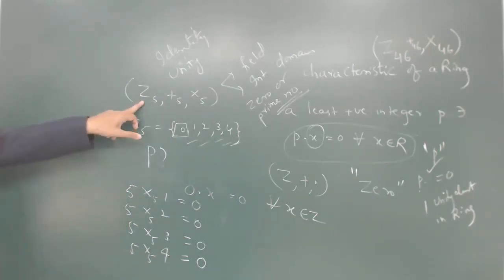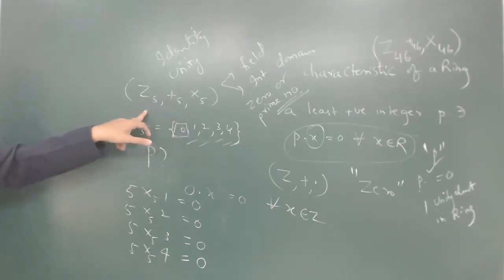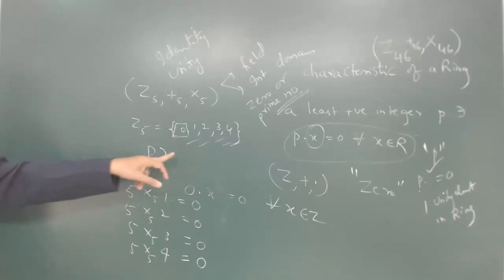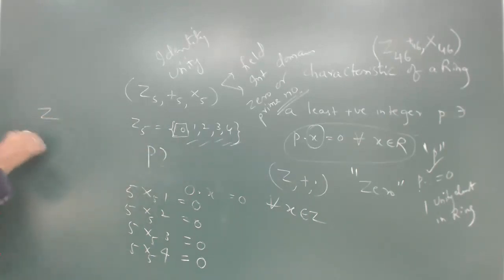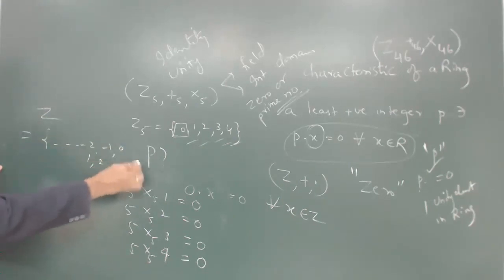Here it is Z5, not Z. Please check. It is Z5. The operations are addition modulo 5 and multiplication modulo 5. It is a finite set having only 5 elements. If you take the infinite set Z, it is nothing but ..., -2, -1, 0, 1, 2, and so on.